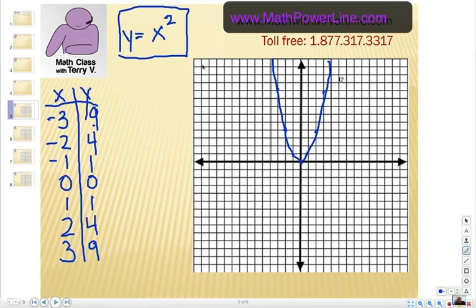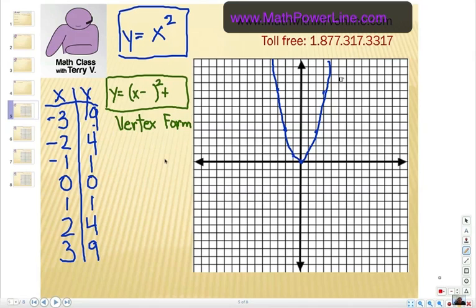Now in this video, second in the series, I want to take a little bit of a variation of that and show you what happens. So how do we shift this right to left and up to down? So I want to show you what happens if we have quadratic equations that are in this form, y equals x minus some kind of quantity squared. Not just x, but we're doing something to the x and then we're squaring it.